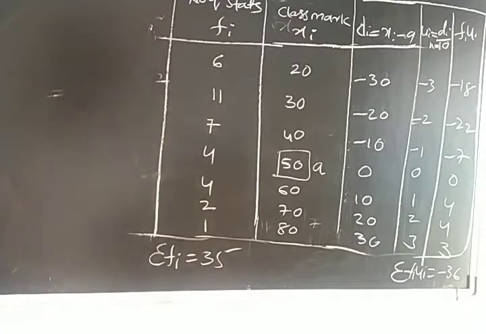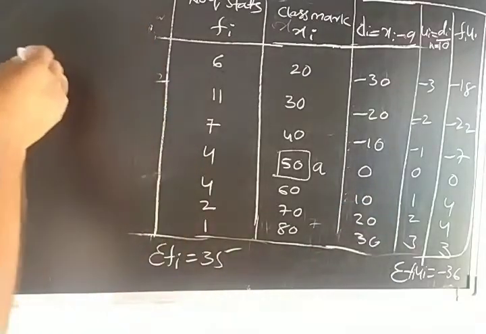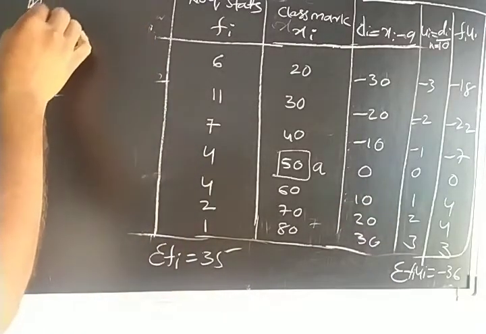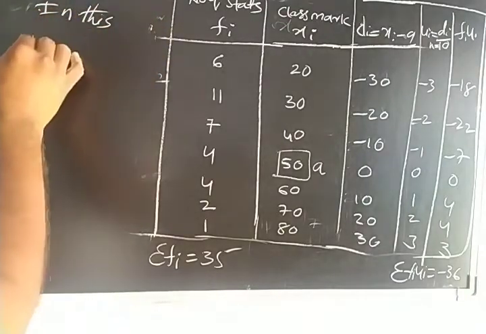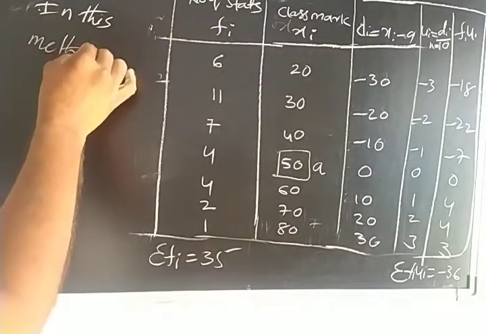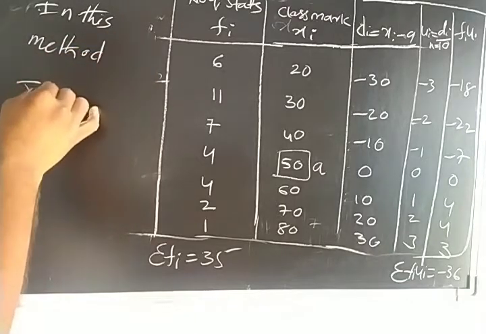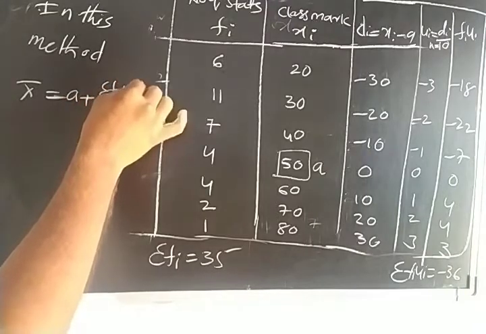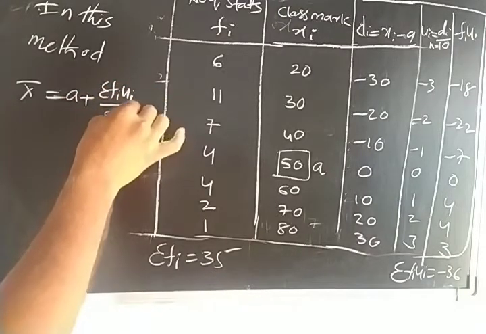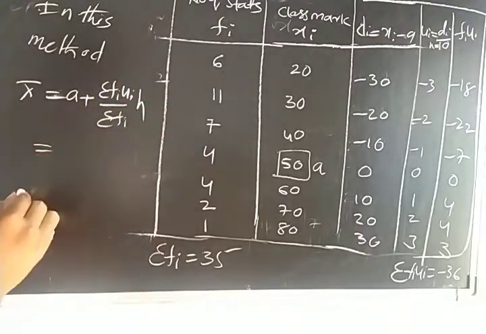Now I am going to find the mean by the step deviation method. In this method, the mean formula is x bar equal to a plus summation fi ui by summation fi, into h. What is a?